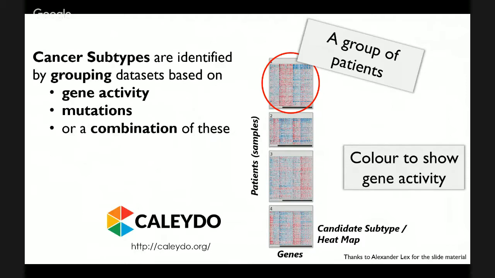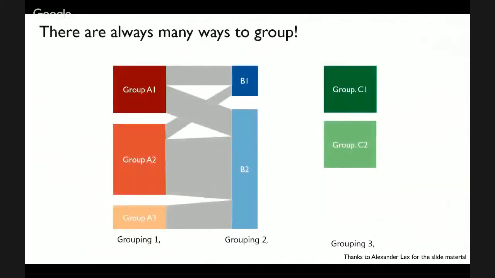So in this visualization, each block is a group of patients, and the blocks include heat maps showing gene activity within this group. In this pipeline, there are several ways to group your data.